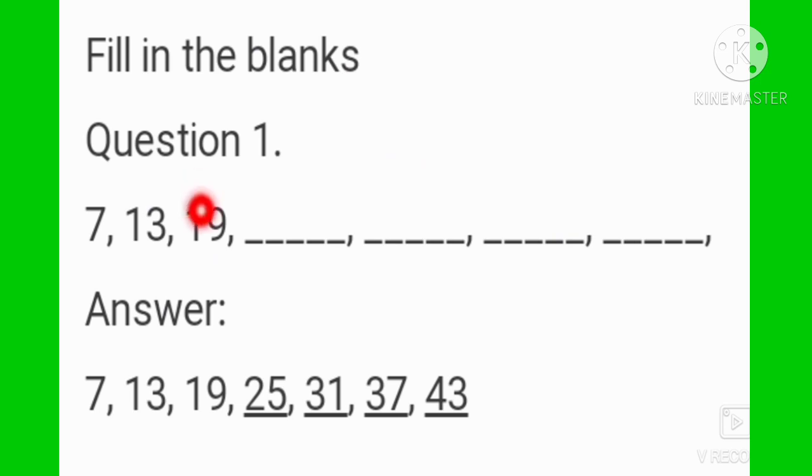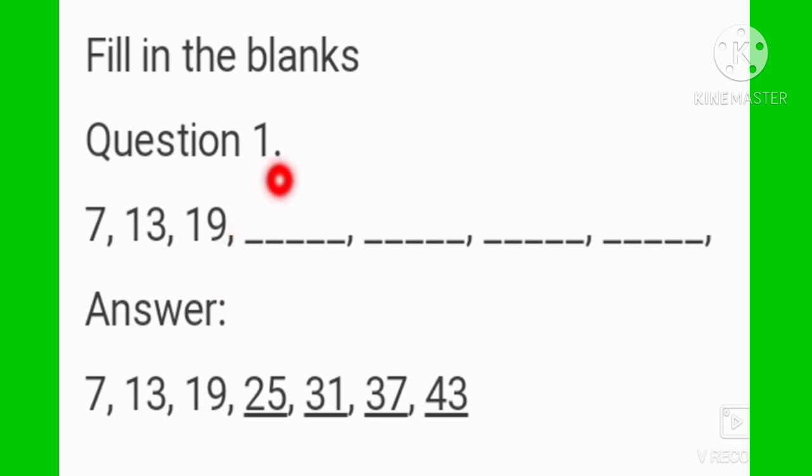In the first question, there is a sequence 7, 13, 19. What will be the next number? Listen carefully. When you add 6 to the number 7, we get 13. 13 plus 6 is 19. So by adding 6 to the resultant number, you get the other numbers in the pattern, isn't it?